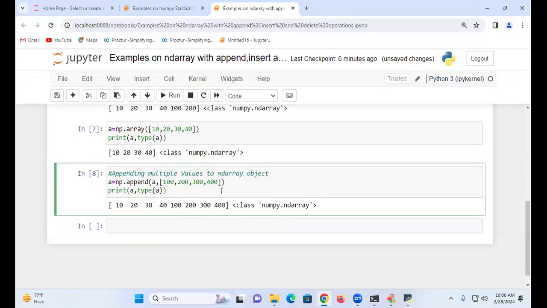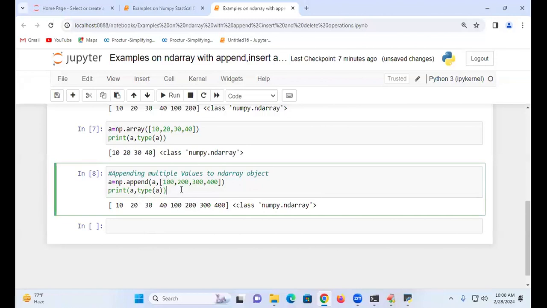In our list case, when I wrote it like that, it was added as an inner list. Did you remember that? But in this case, it is adding a number of values at the end. Got it? Done. So this is called the append function.